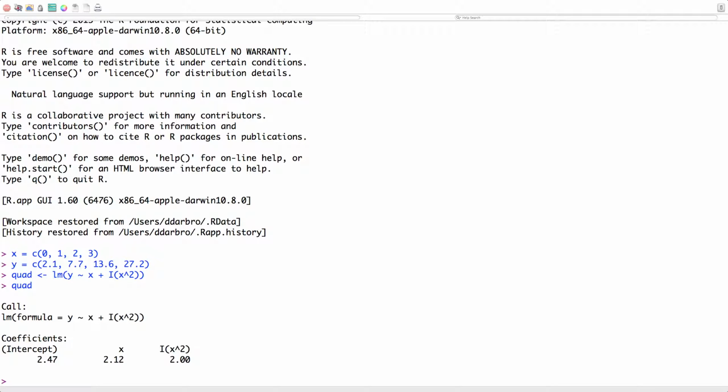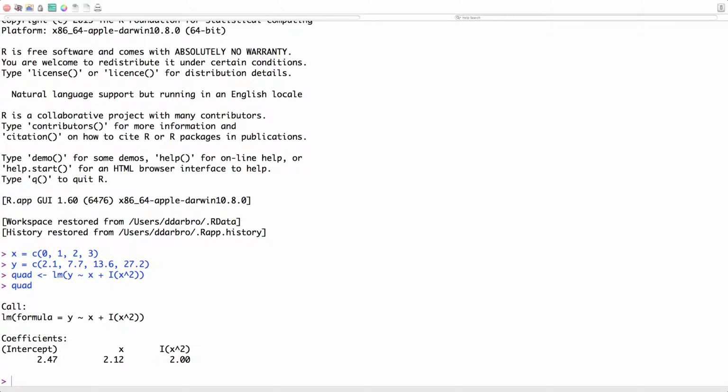So b0 times n plus b1 times the sum of i equal 1 to n of x sub i's, plus beta sub k times the sum of 1 to n of x sub ik, equals the sum of our y's.